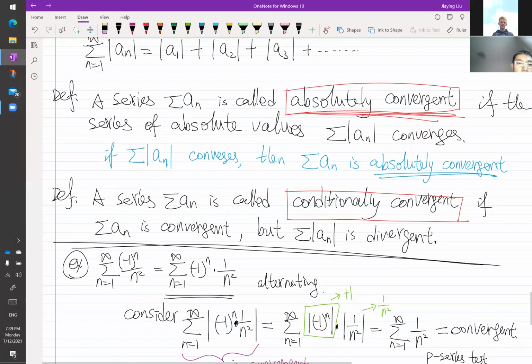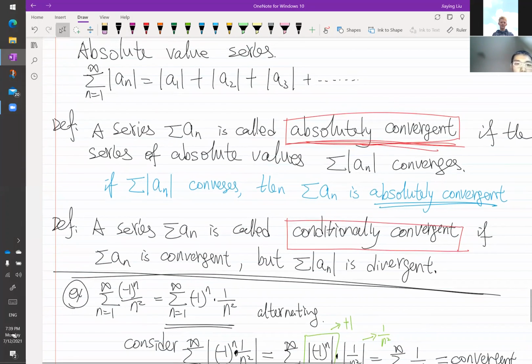Going to the definition we had, it says that if the series of absolute values is convergent, then the given one without the absolute value is called absolutely convergent.